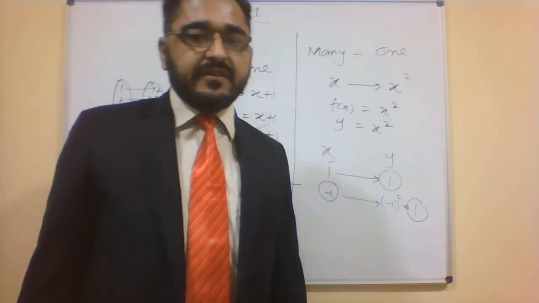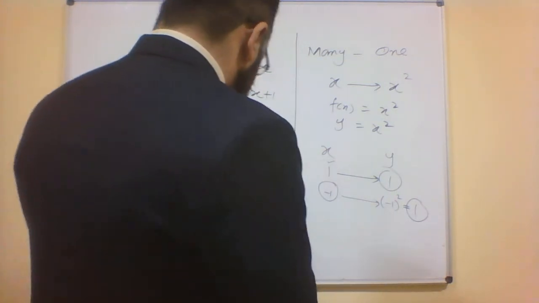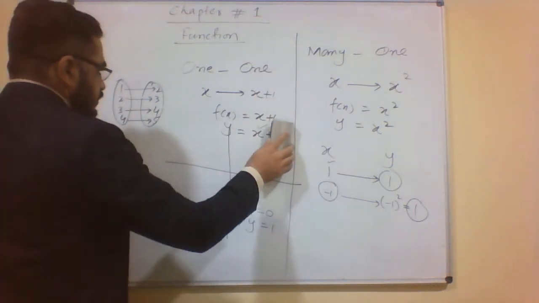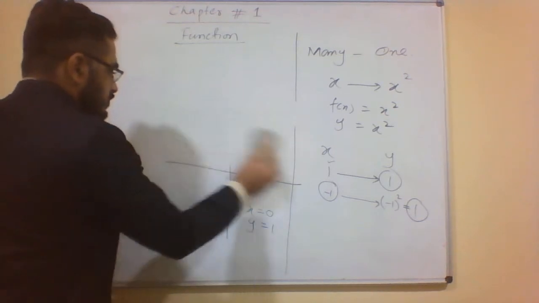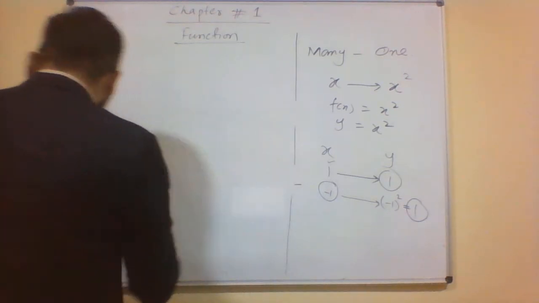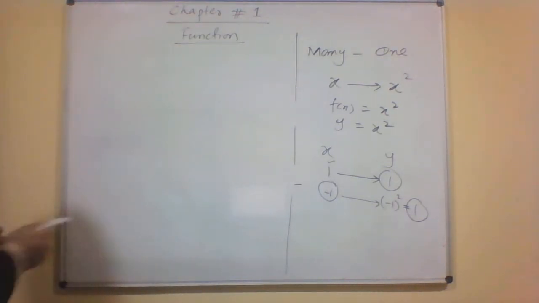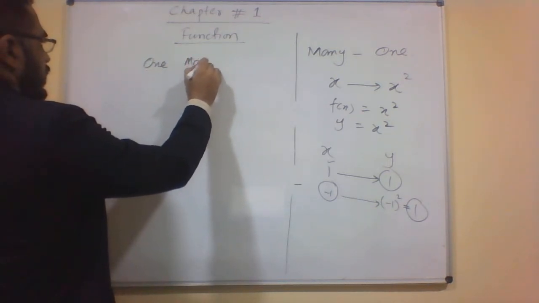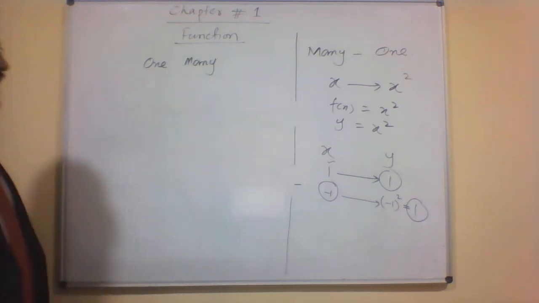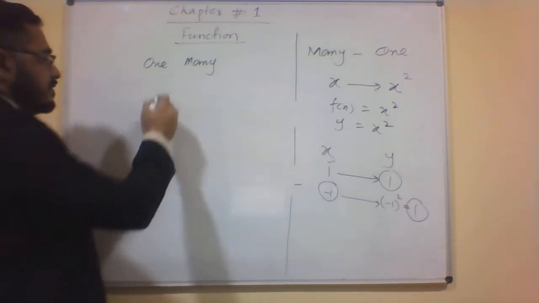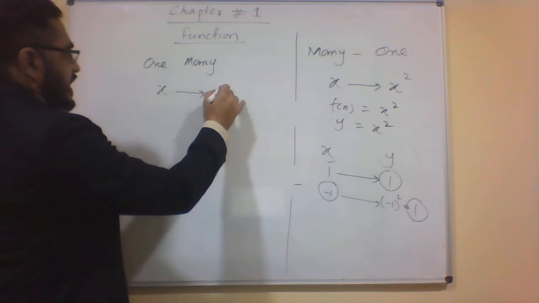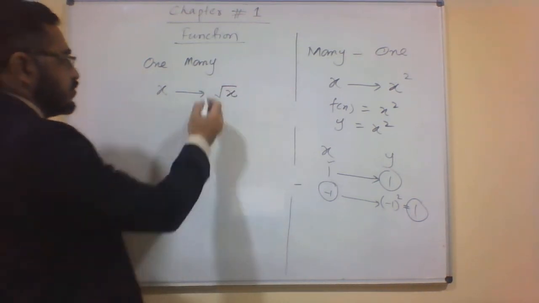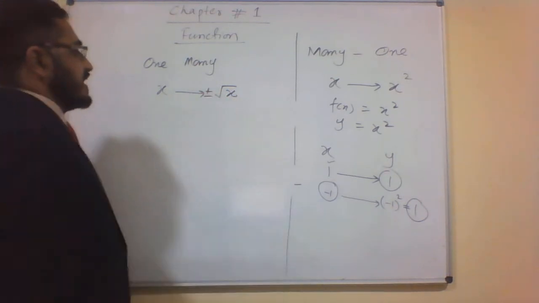Then after that, the third one is one-many. For that, we can take here the example x to square root of x. When it is in square root form, then we have to write plus minus.